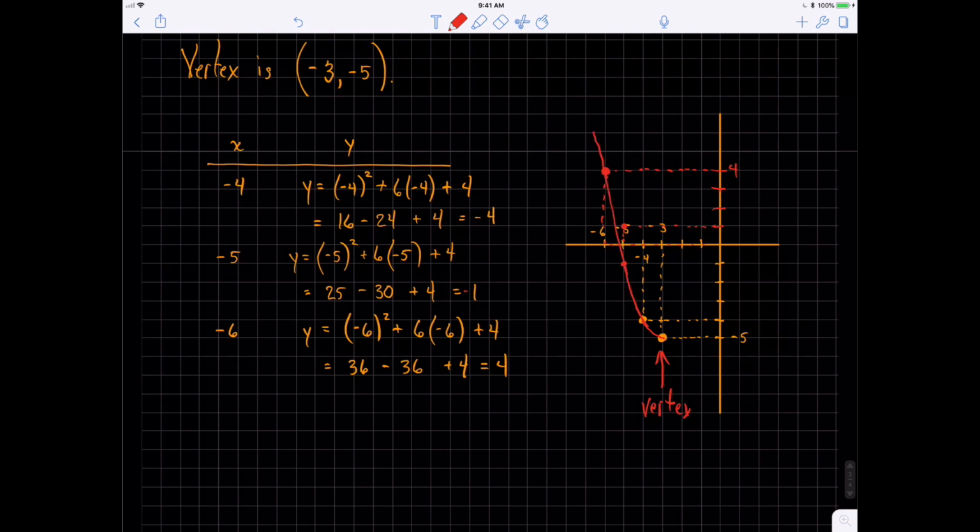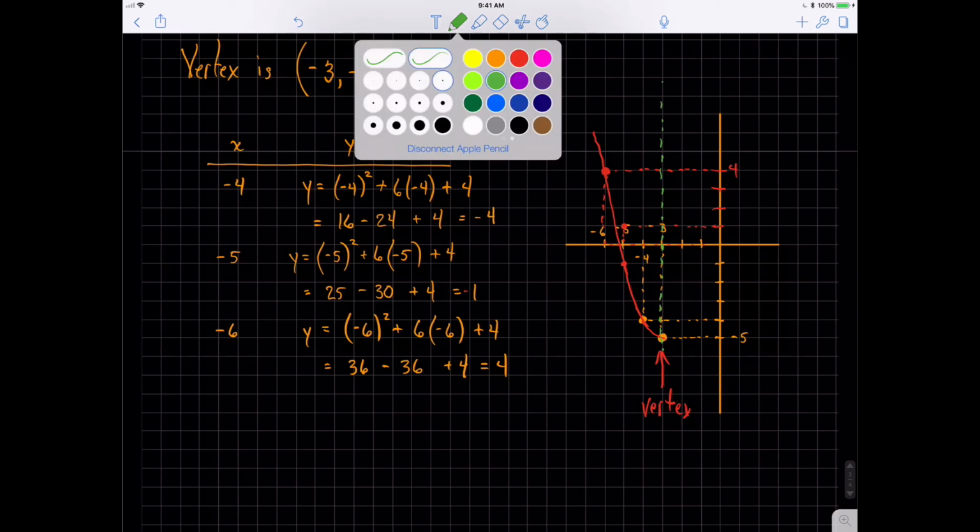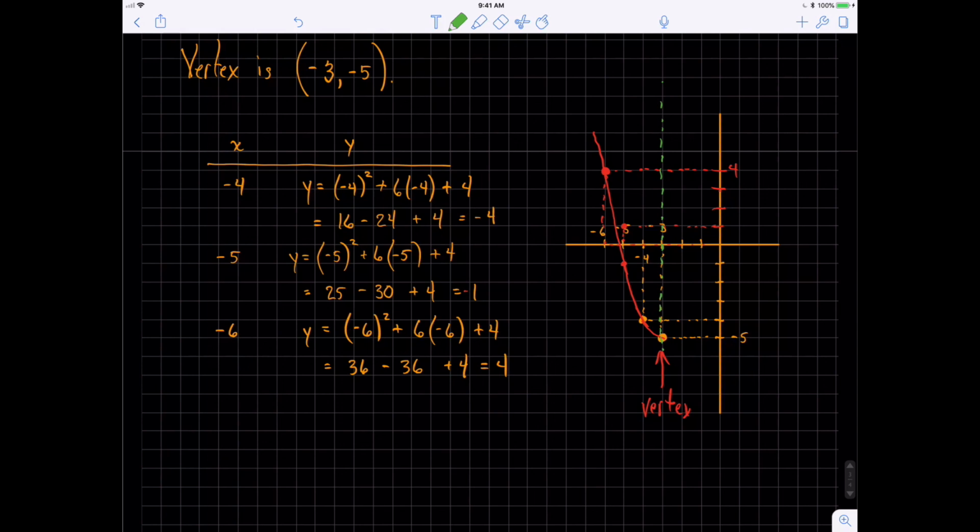Looks like this. But remember what we know. We also know that because of symmetry, if I imagine this green dashed line is the mirror, then we have a mirror image on the other side of the line. So we'll draw our mirrored side in green.